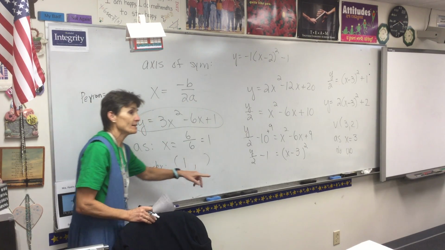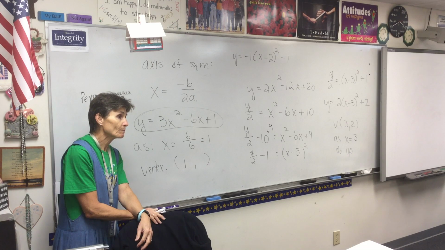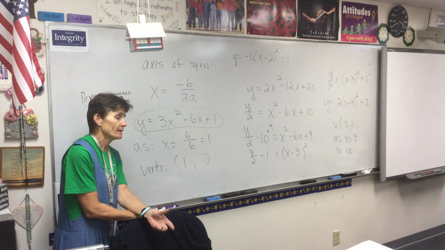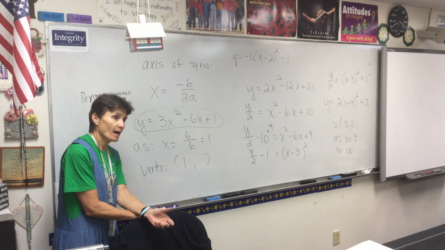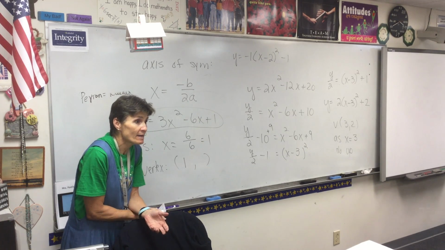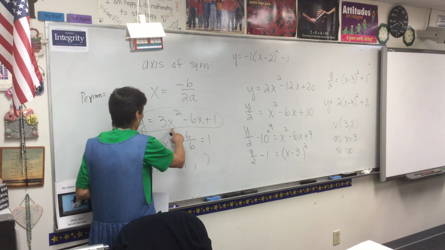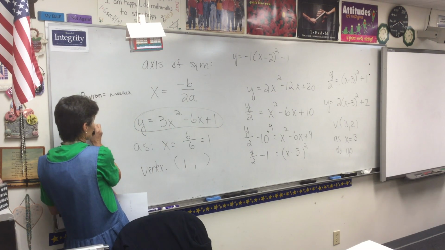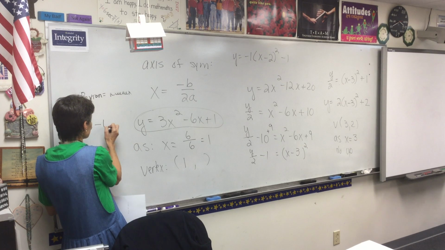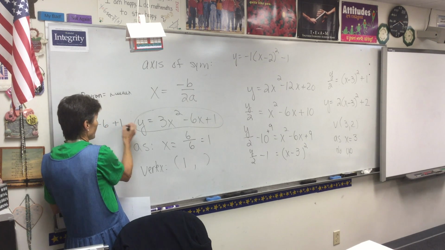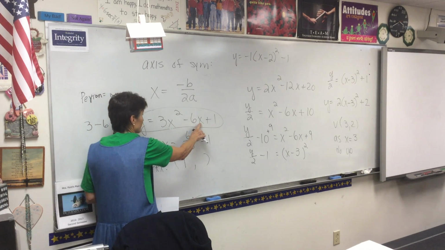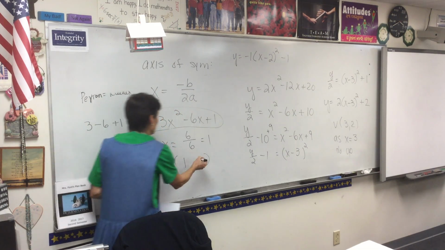How would I find the y-coordinate, Tanner? Plug it in. Kids, since the beginning of time, when you've needed y, you have plugged in x. So if I plug in 1, I will get 3 minus 6 plus 1. I'm putting in 1. And so whoever said negative 2, you are right on.